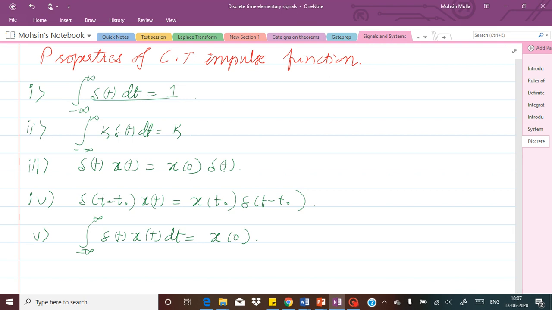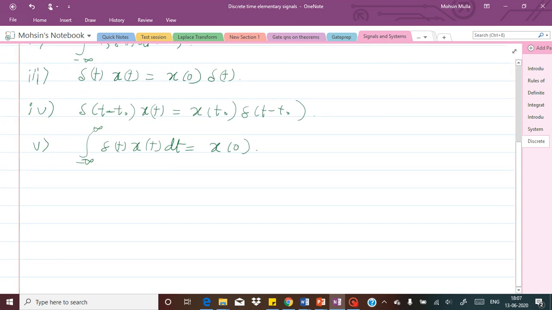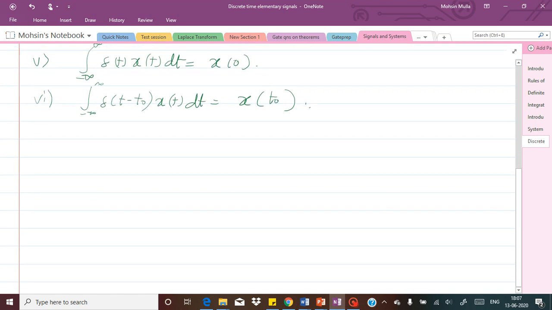Similarly, if the integration is evaluated on the shifted version, del of t minus t naught into x of t dt, it is going to be x of t naught. So these are the 6 very important properties of the impulse function, and you need to remember them.